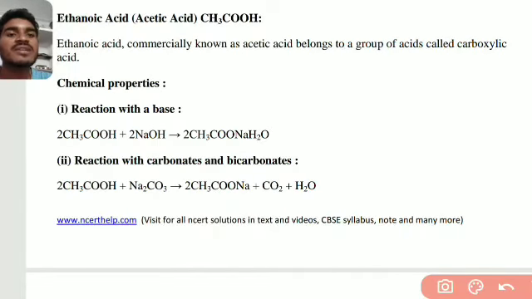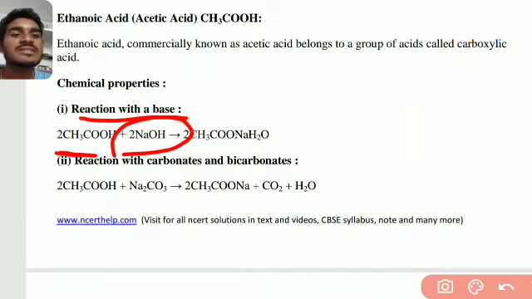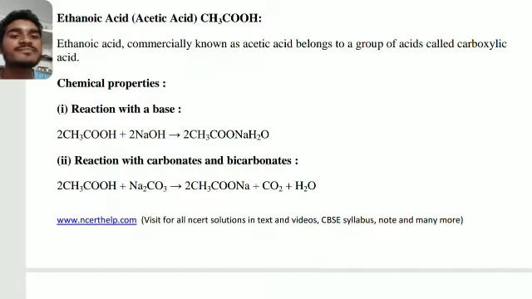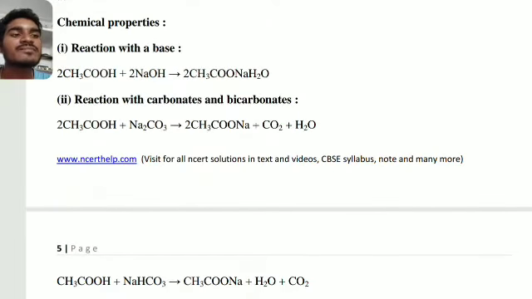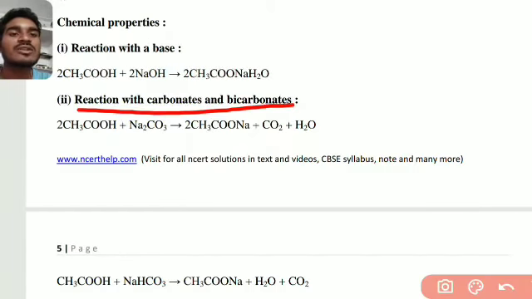Chemical properties: reaction with a base. The carboxylic acid, CH3COOH, reacts with sodium hydroxide base to give CH3COONa and H2O, that is, sodium acetate and water. Next, reaction with carbonates and bicarbonates.